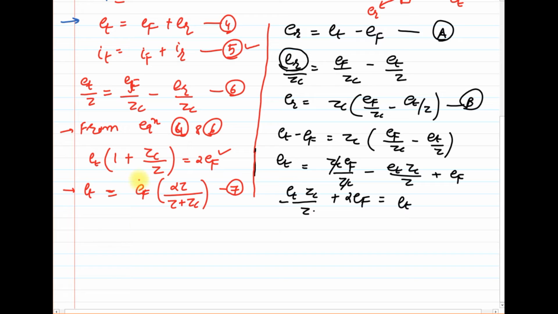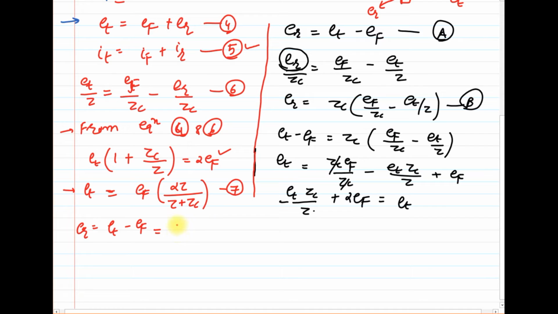Clear? Equation number 7. Now substitute the value of ET from equation number 7 into equation number A. So we will get ER is equal to ET minus EF. Instead of ET, substitute the value from equation number 7.